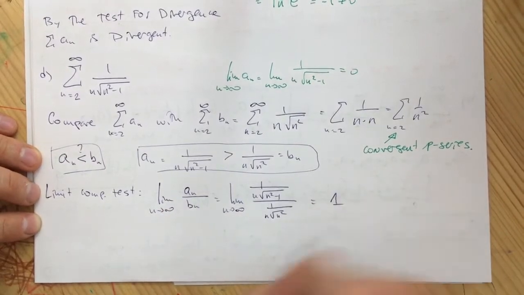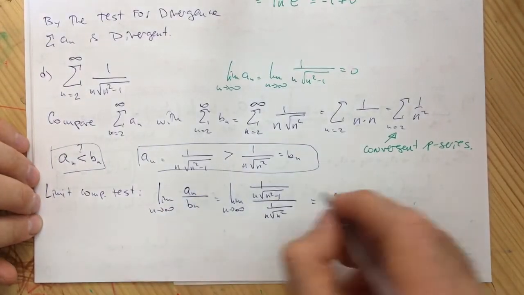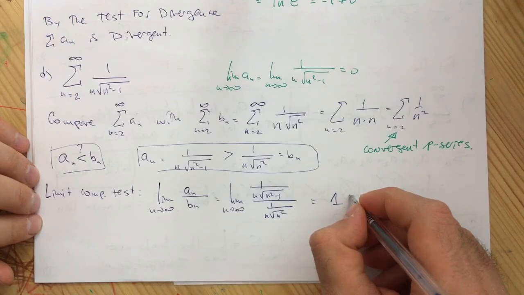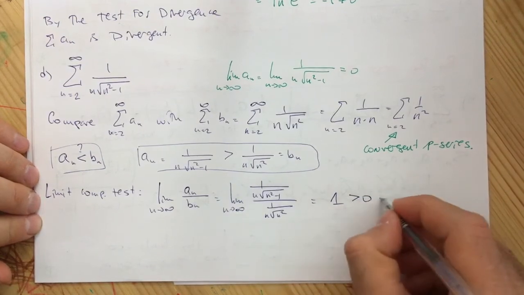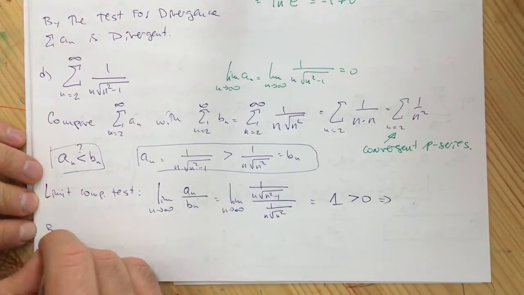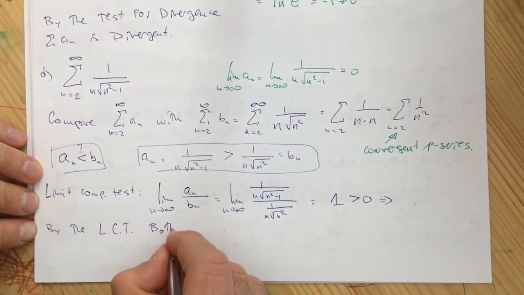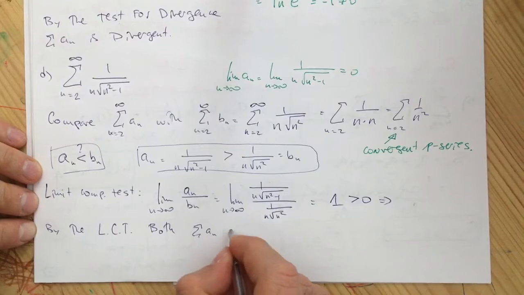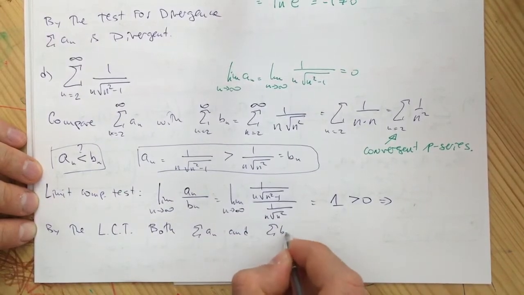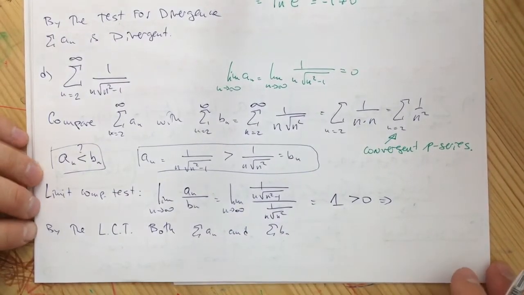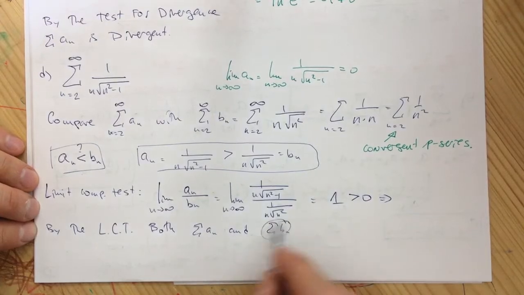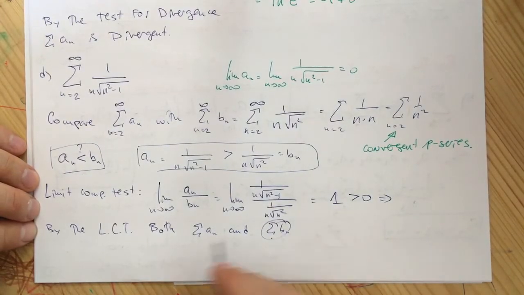Okay, this limit is 1. Well, 1 is greater than 0, which means that by the limit comparison test, both the sum of an and the sum of bn behave the same. But since I already know that the sum of bn is convergent, the sum of an by the limit comparison test has to be convergent.